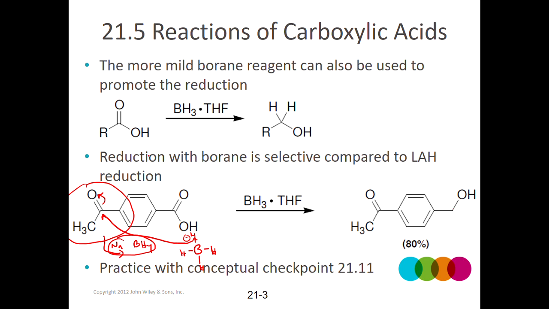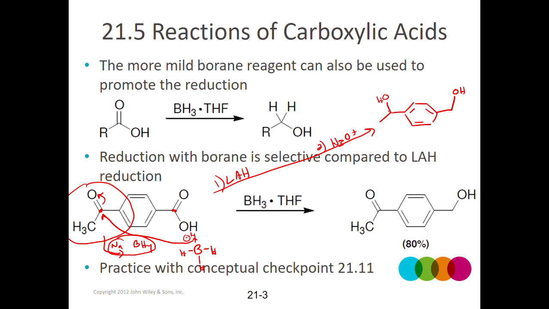So in this particular example, since we have two sites that are both reactive toward LAH, if I wanted to reduce both of them, and treat that with LAH, the LAH would reduce this ketone to an alcohol, and it would reduce the carboxylic acid to an alcohol.